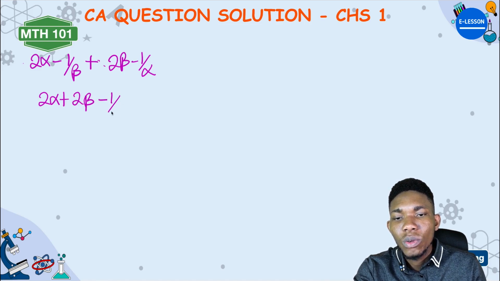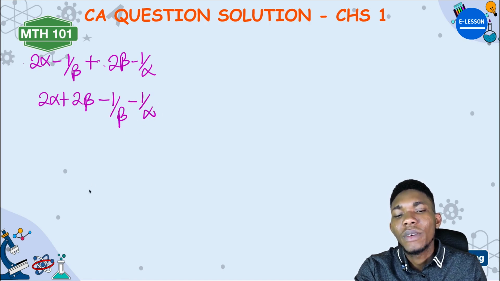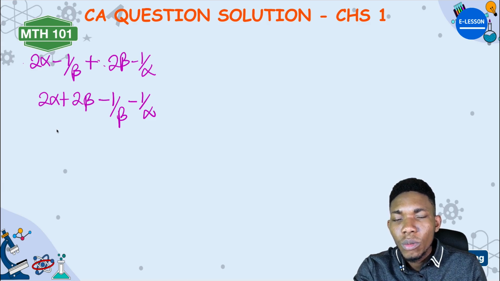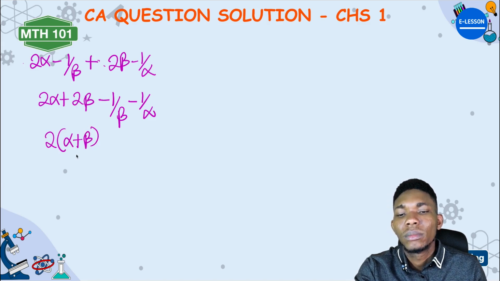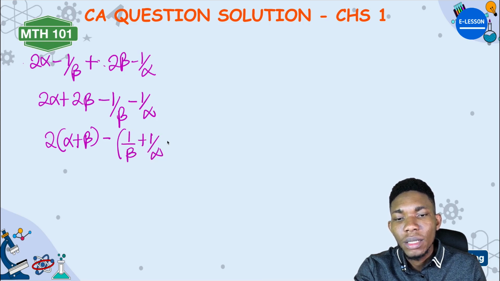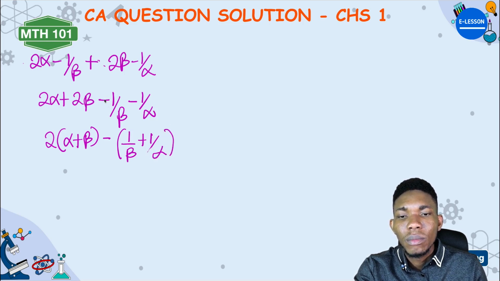Then we have minus 1 over beta minus 1 over alpha, the ones that have fractions. Now, what is common between these two? Of course, it is 2. So we have 2 bracket what? Alpha plus beta. Minus is common here. So we open the bracket, which is 1 over beta plus 1 over alpha. Because if you take minus out, minus multiplied by this minus will give us positive inside here.